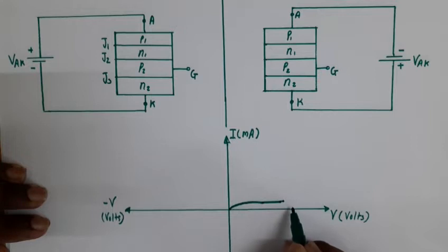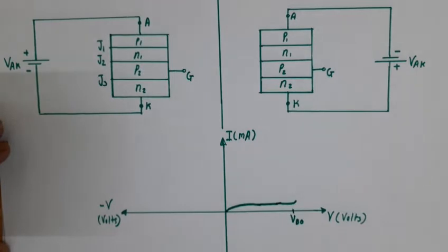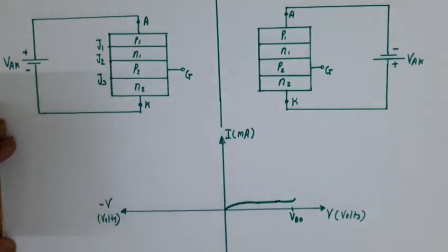When this voltage reaches up to forward breakover voltage of the device, that is VBO, the leakage current will reach saturation value and the reverse bias junction J2 will be breakdown. This condition is known as avalanche breakdown.